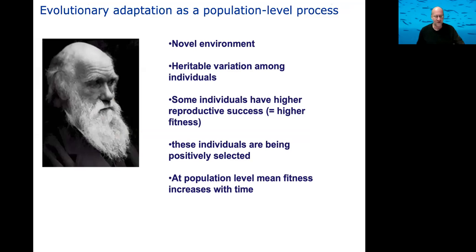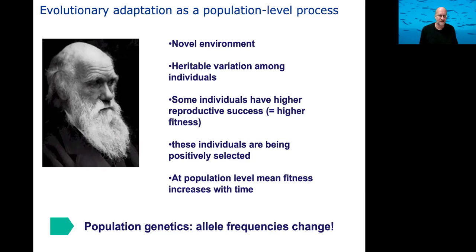And the first one who really conceived that population level idea, that there is a strong difference in the reproductive success ultimately of members of the same animal or plant population, that was Charles Darwin, of course. And we say that if there is a stronger reproductive success in the carriers of some traits, these individuals are then positively selected, which means in turn that at the population level, the mean fitness increases with time.